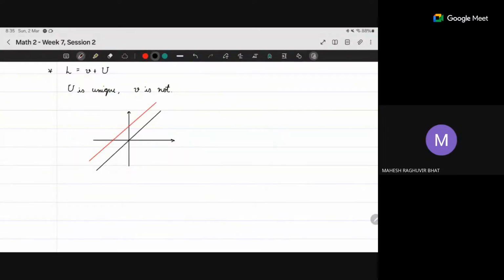So this is y is equal to x, and this is y is equal to x plus 1.